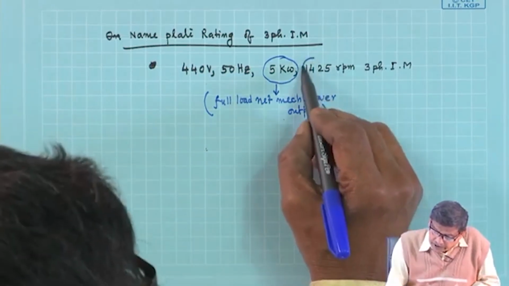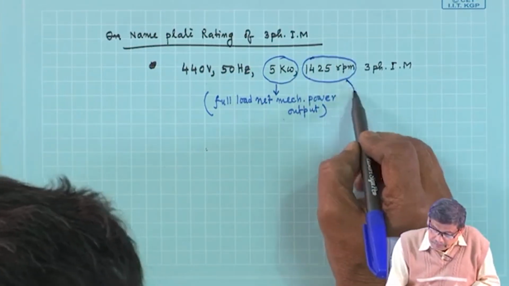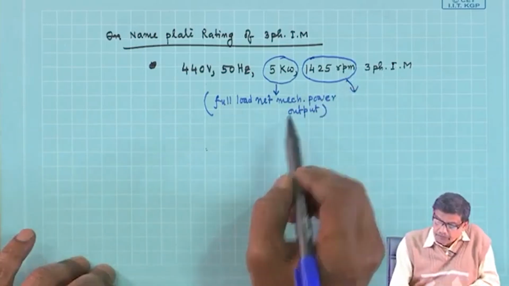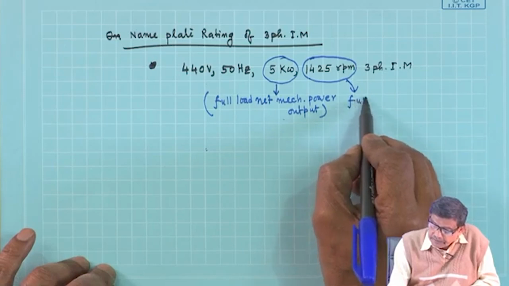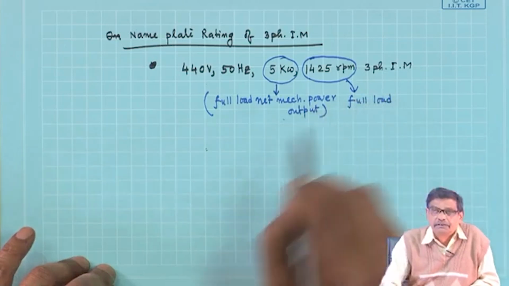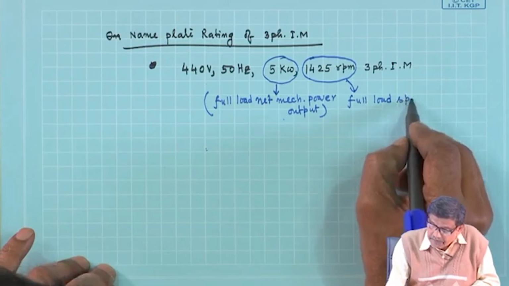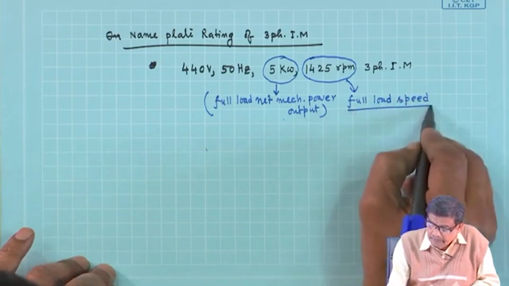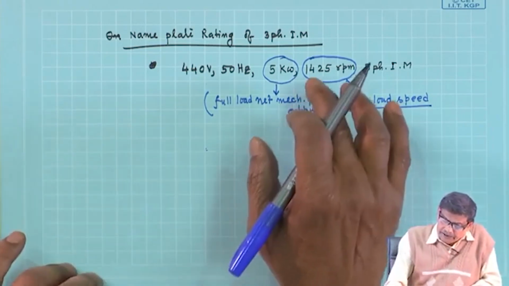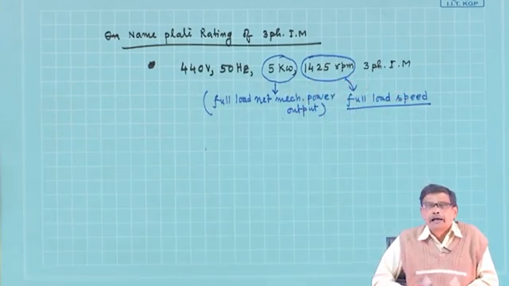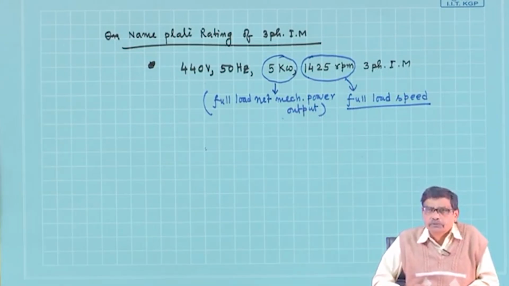This 1425 RPM is the full load speed, the mechanical speed at full load. It is from this full load speed that I can decide the number of poles, because the full load speed will be less than synchronous speed, and very close to it.